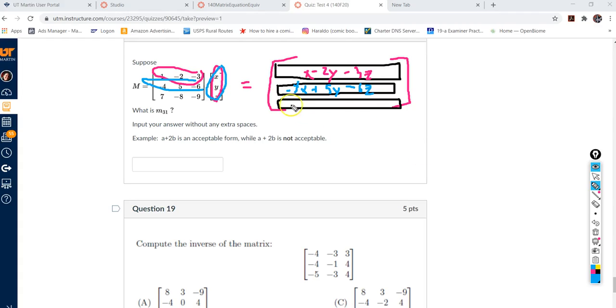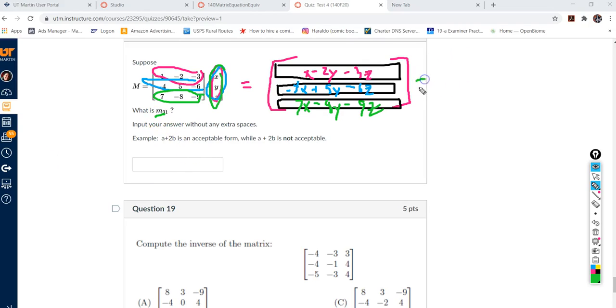And finally, where does this live? Row 3, column 1. So I need row 3 of this one and column 1 of this one, and that'll give me 7 times x minus 8 times y minus 9 times z. Now, what is this asking us for?